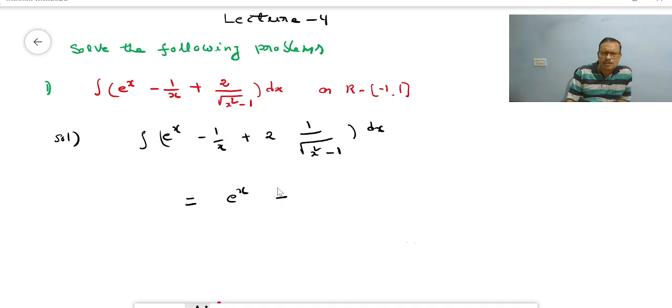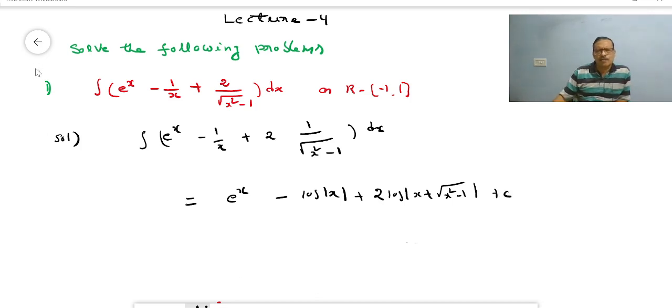So minus, what is the formula of integral of 1 by x dx? Log of modulus of x to the base e, plus 2 into integral of 1 by root of x² − 1 dx, which is log of modulus of x + root of x² − 1 to the base e, plus constant.